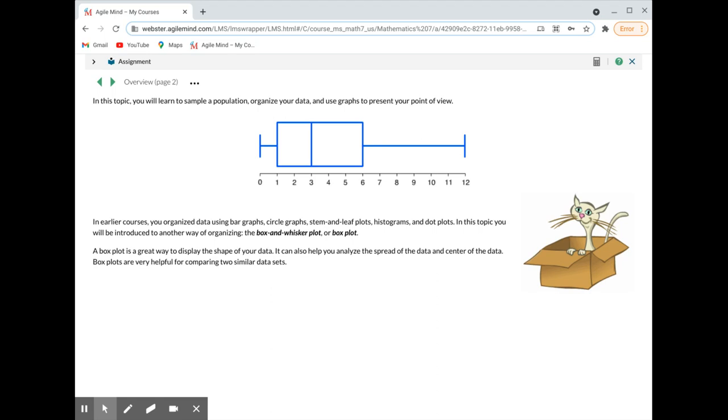A box plot is a great way to display the shape of your data, and it can also help you analyze the spread and the center of the data. Box plots are very helpful for comparing two similar data sets. This is going to be very useful for us throughout this course.